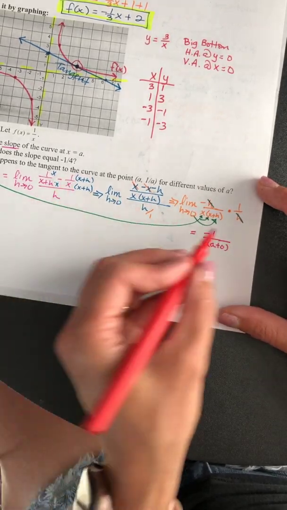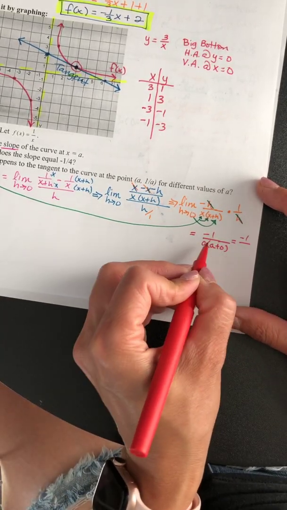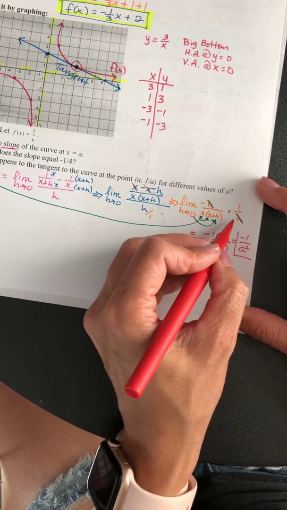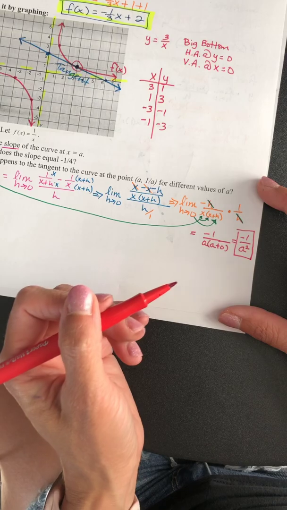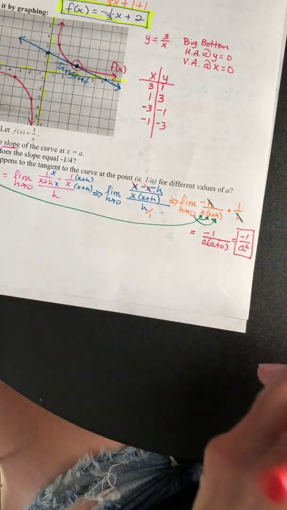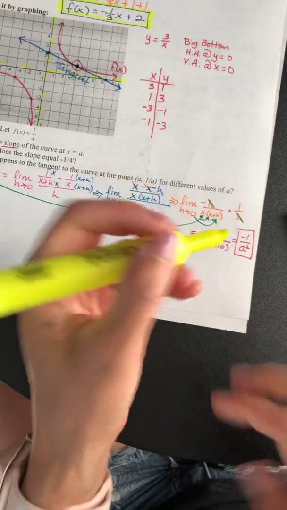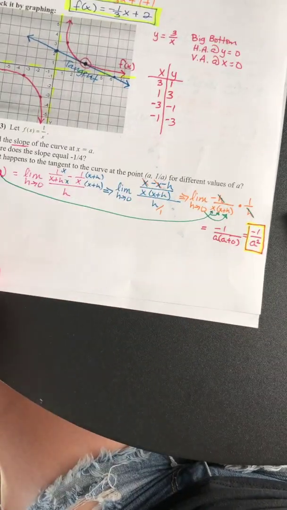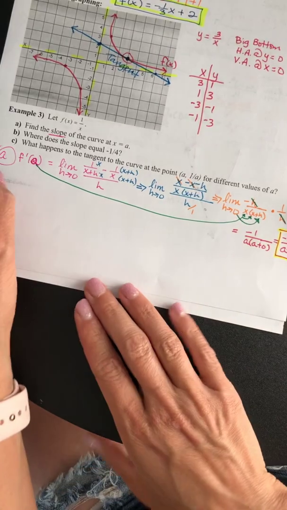All right, a plus 0 is still a, so it's negative 1 over a times a, which is a squared. So this would be the slope of the curve at an x value of a. Okay? I know, I'm a nerd. Can't help it.